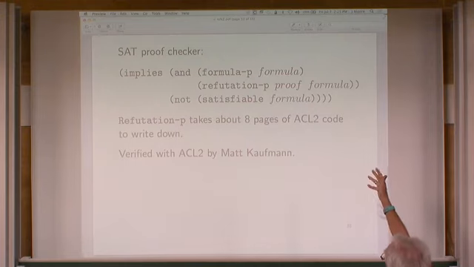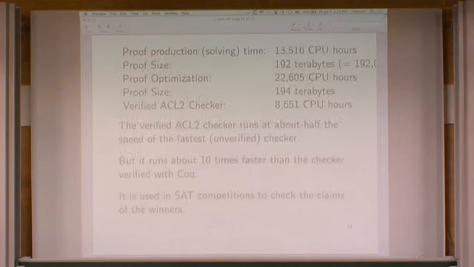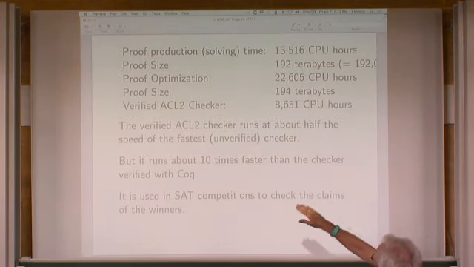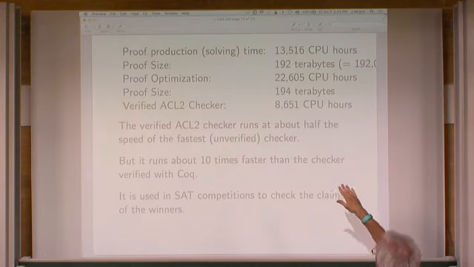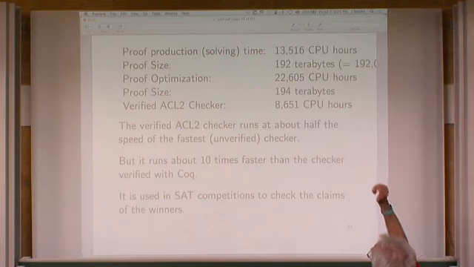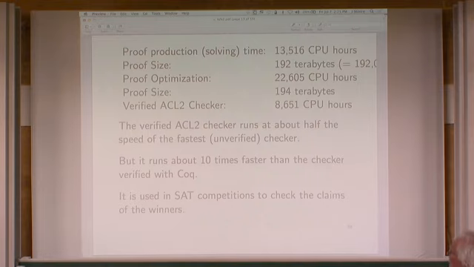So that proves the correctness of the refutation checker. It took about 8 pages to write it down, and that was verified by Matt with ACL2. And then the ACL2 checker takes 8,000 hours to run on that 200 terabyte proof and checks it.